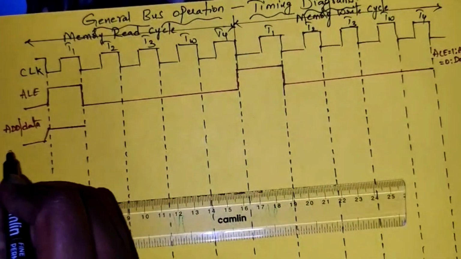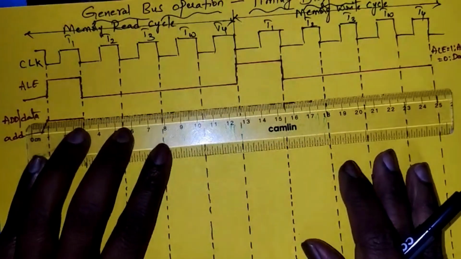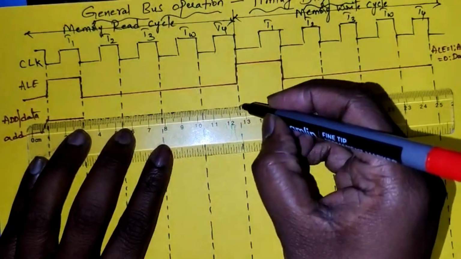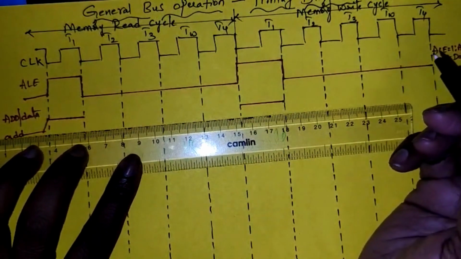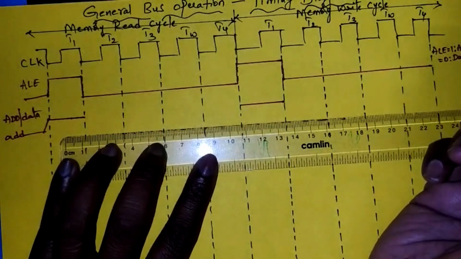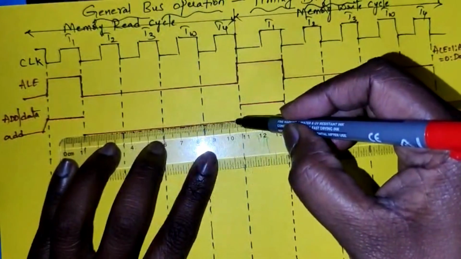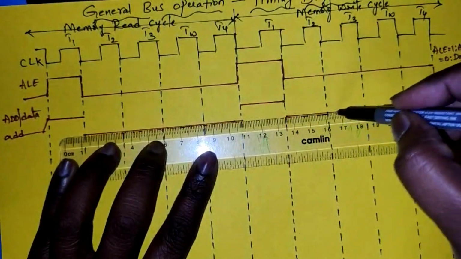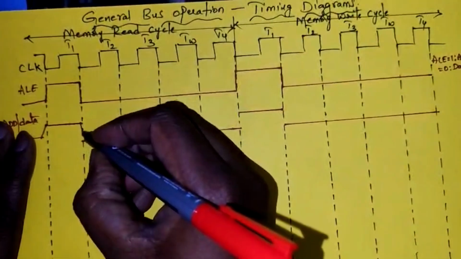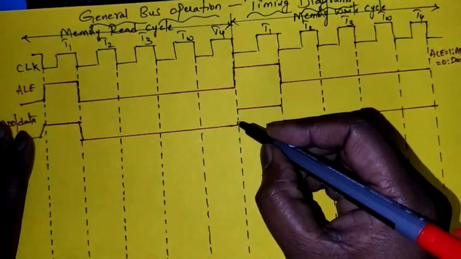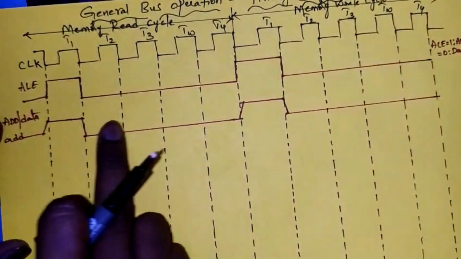Let it be the address bus, and the same for the write operation also. Address bus is active. Remaining clock cycles it is inactive. You can join it like this. This is the timing diagram for address.